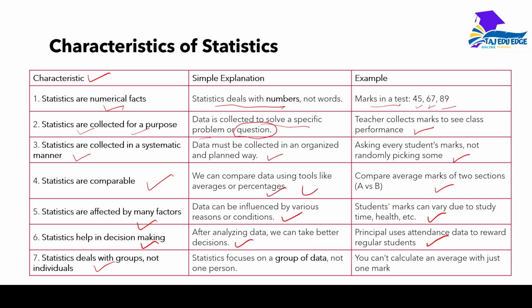Statistics focuses on a group of data, not the data of one particular person in one matter. So example, you can't calculate an average with just one mark, correct? If I say I have scored 30 marks in MABD subject, with just one subject and one mark, one subject and one individual person, there is no comparison, there is no calculation, it is just a number.